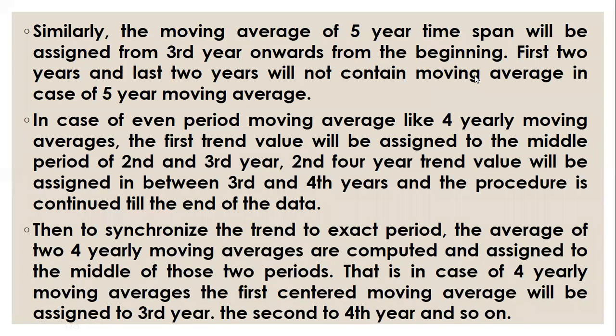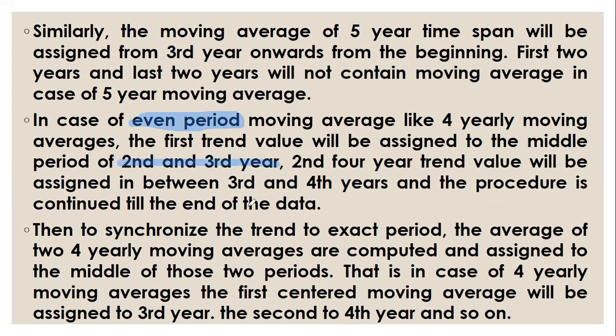now if you see here the second point, in case of even period, 2 yearly moving average or 4 yearly moving average that we are doing. In case of even period moving average like 4 yearly moving average, the first trend value will be assigned to the middle period of second and third year.